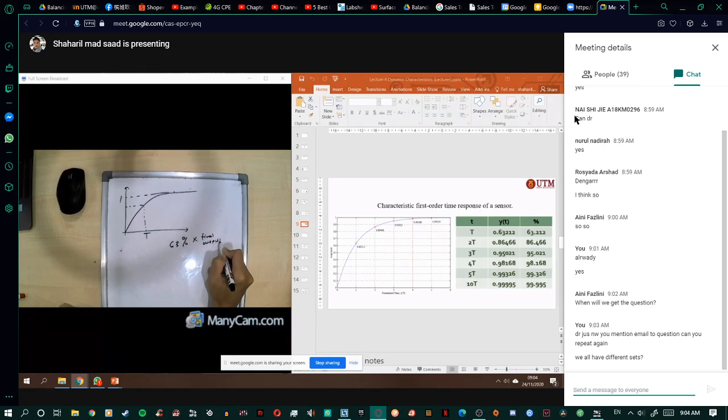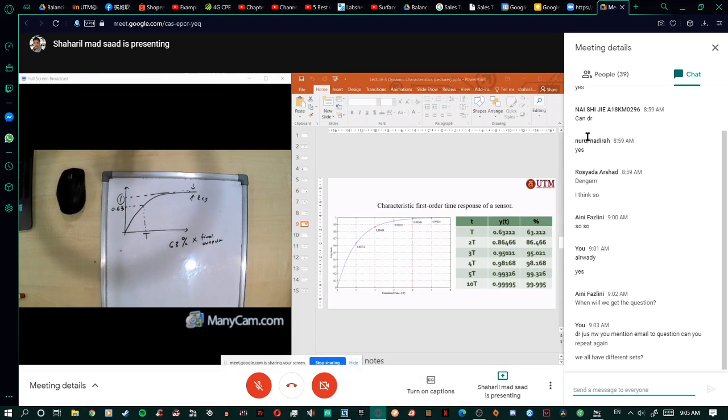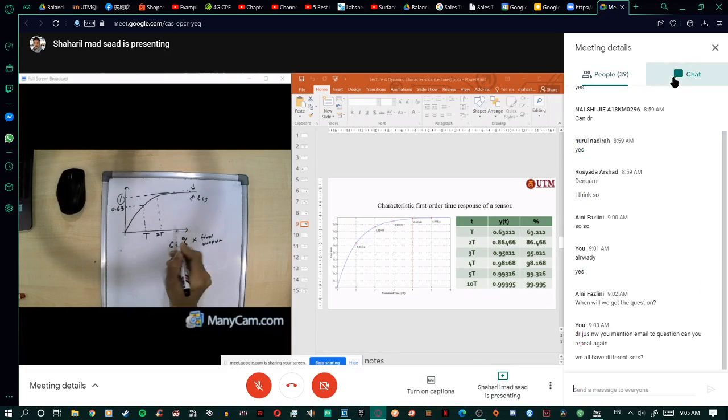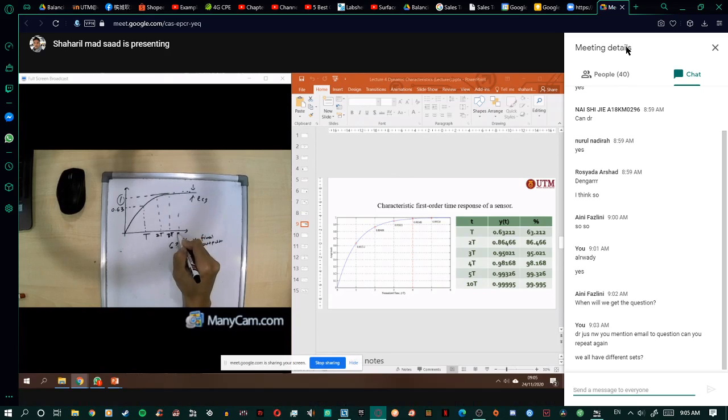So this is the final output, the output that your first order system will reach at the steady state. This one will be equal to 0.63. And then you will have 2 tau here, 3 tau here, and also 5 tau. The accurate value or the final value is at 5 tau.